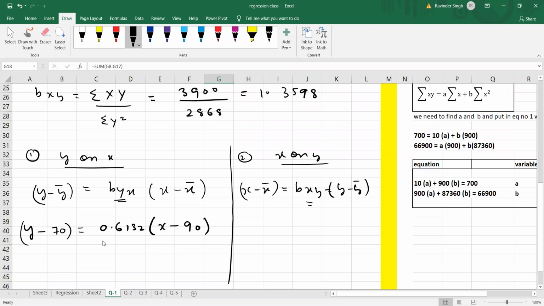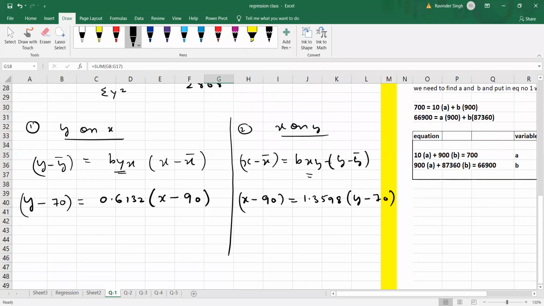Similarly here, this will be x minus mean of x, 90, is equal to bxy value 1.3598, and this will be y minus 70. So now we have to just solve this equation for y, and this equation for x.